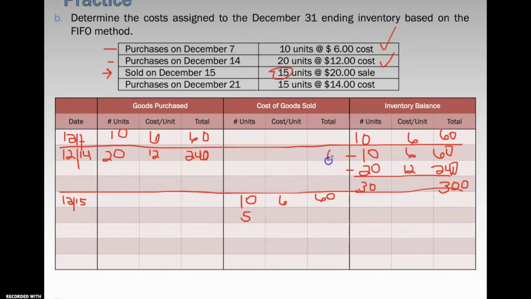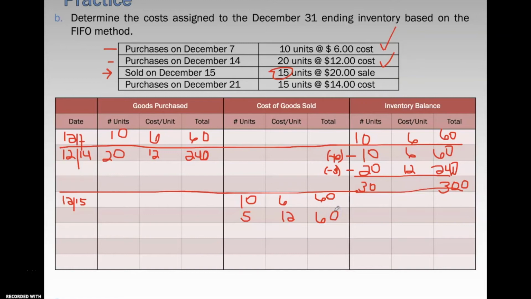So we're taking away all 10 from the first order, and then taking away 5 from the second order. That's our 15. So you start at the top and you work your way down until you have all of them accounted for. And it's 5 units, and they would be at 12 each. So 5 times 12 is $60.